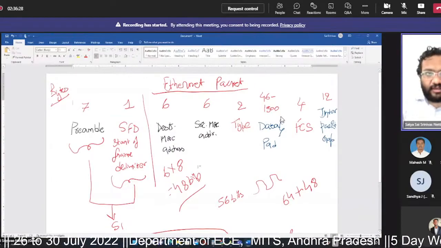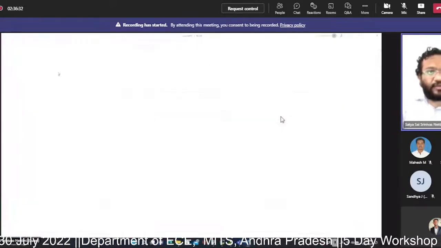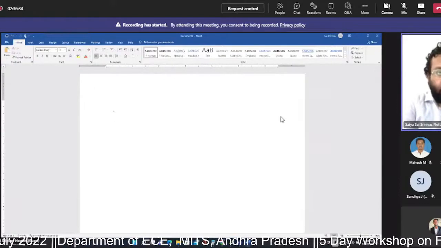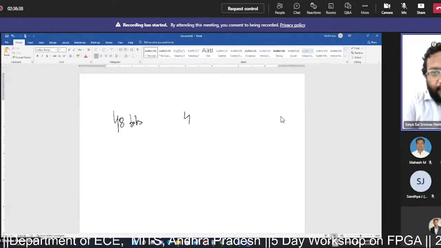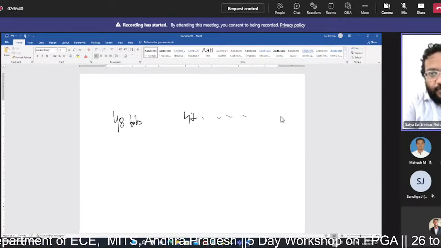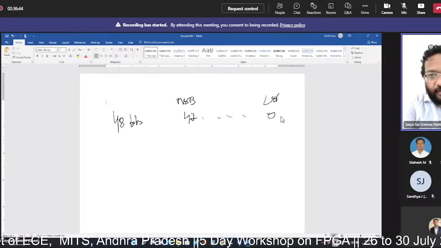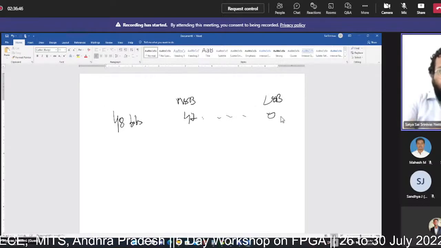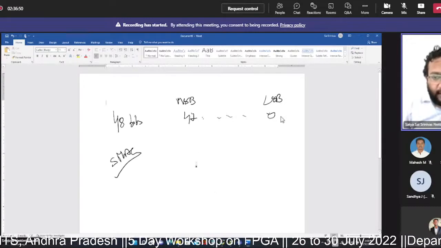Why? Because again I am getting a source MAC address, right? Source MAC address is again 48 bits, represented from 47 down to 0, MSB at bit 47, LSB at 0. So this is the source MAC address, that is SMAC.